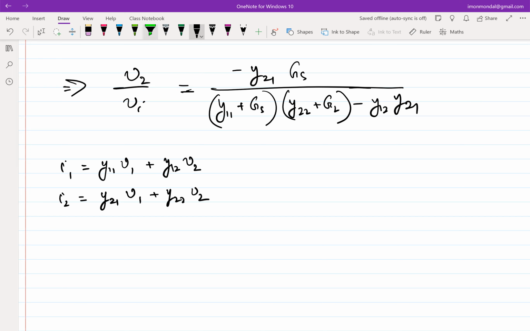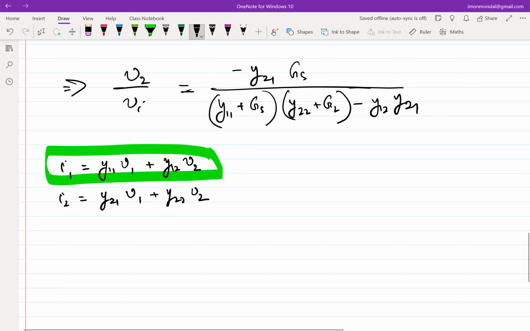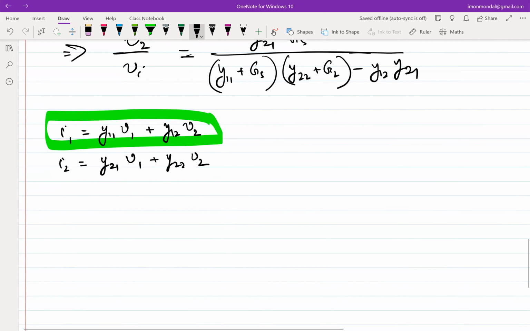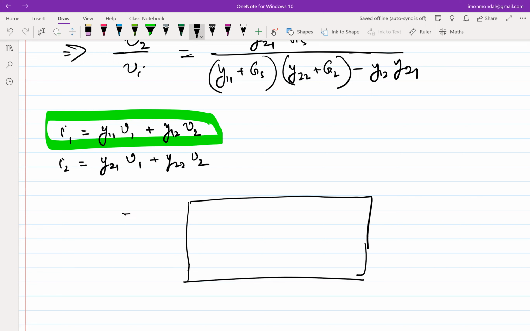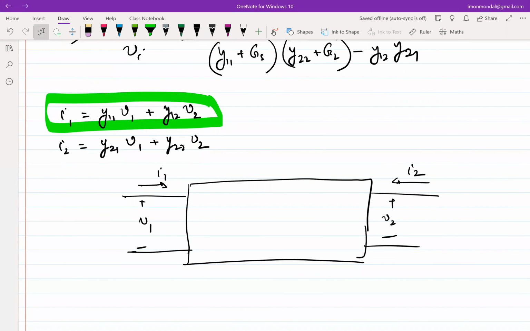So let's concentrate on this one. What is this telling you? This is telling us that if V2 equals 0, and I have a two-port network, then the relationship between I1 and V1 is resistive, assuming Y11 is positive and real.